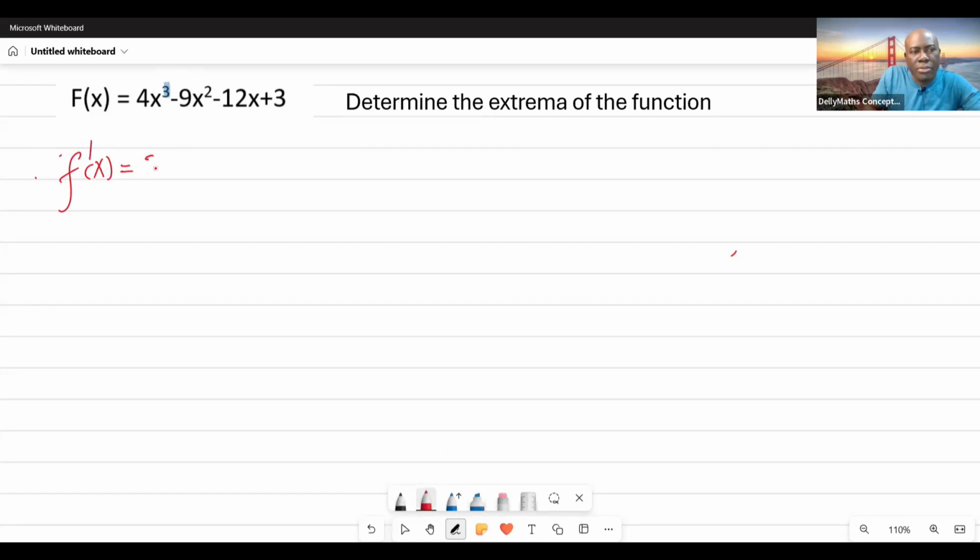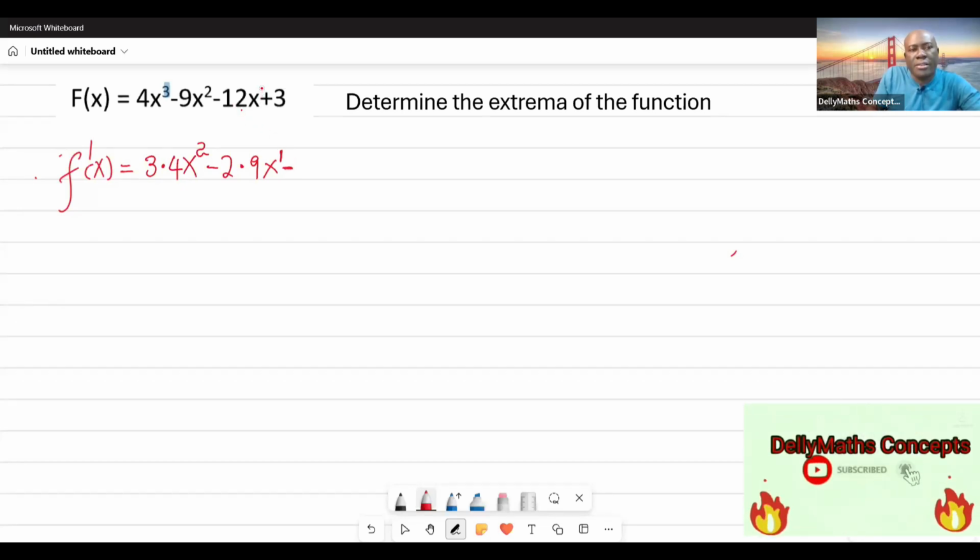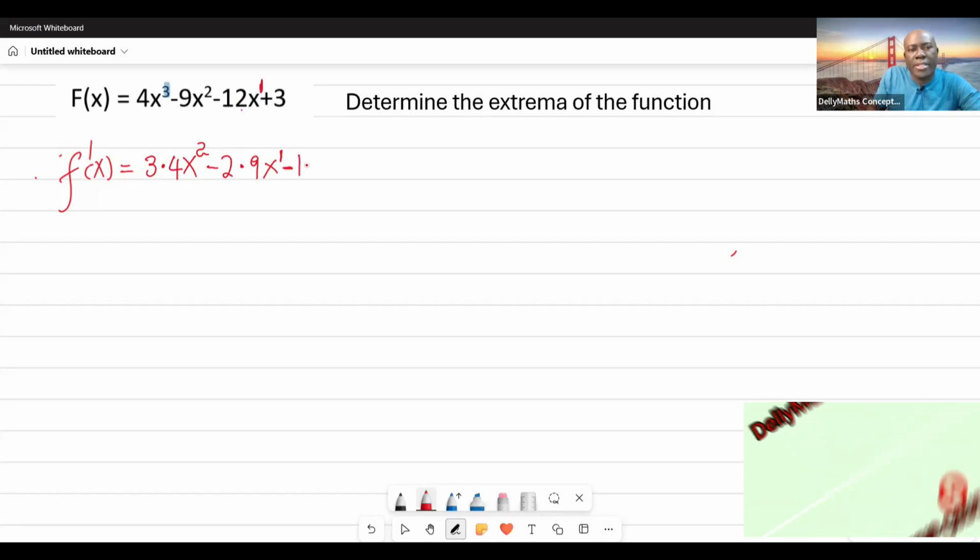For example, 3 times 4, and then x will now be raised to the second power. The 2 will multiply here, so we have minus 2 times 9, and then x to the first power. And this is actually 1 times 12, and when you reduce the power it becomes 0, so it's gone. A constant is 0, so we're not going to have that.